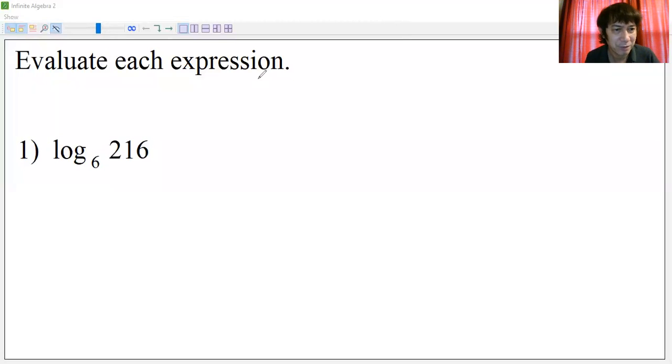All right, so we have here logarithm of 216 base 6. Now we shall try to transform this using the property log b base b, this formula.